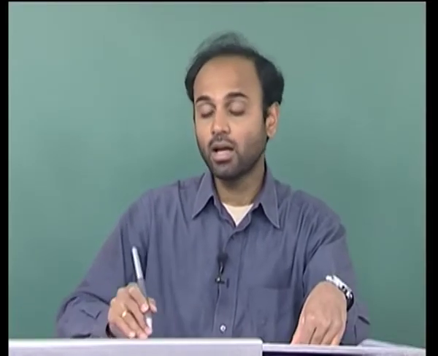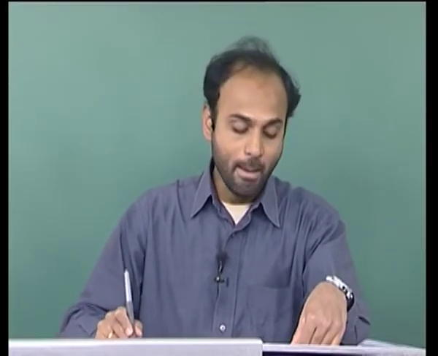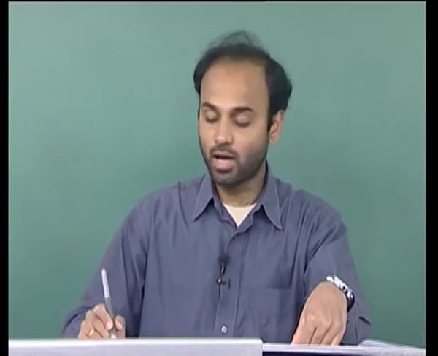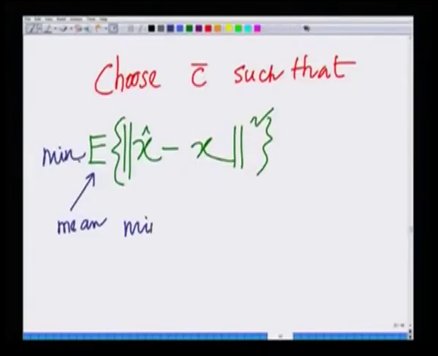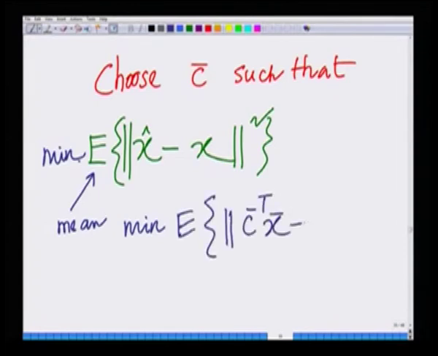I am taking the mean, I want to minimize the mean squared error, and since I consider a linear estimator, I can put it as follows. I want to minimize C bar transpose y bar minus x, because remember my estimator is linear.